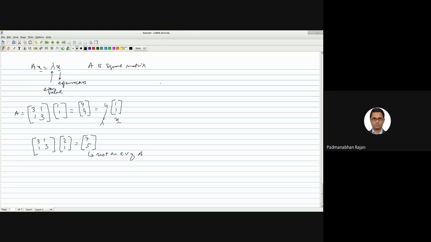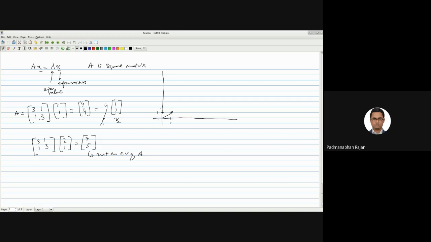So what does it mean geometrically? Let me just quickly draw it here. For example, in the first case, when you take 1 1, let's say this is 1 and this is also 1. I have this vector 1 1, which is essentially this.